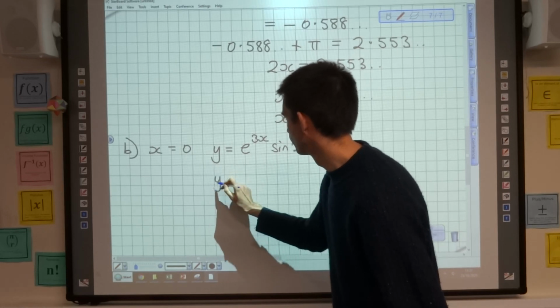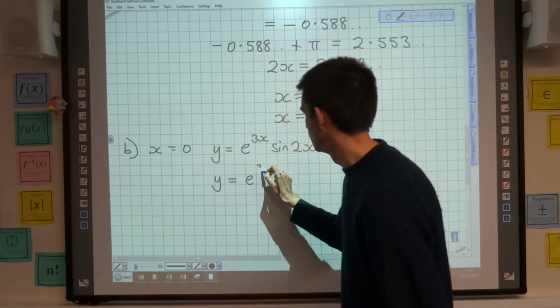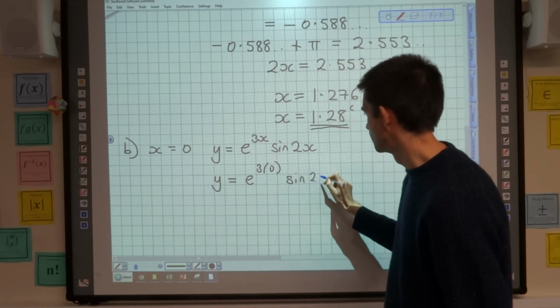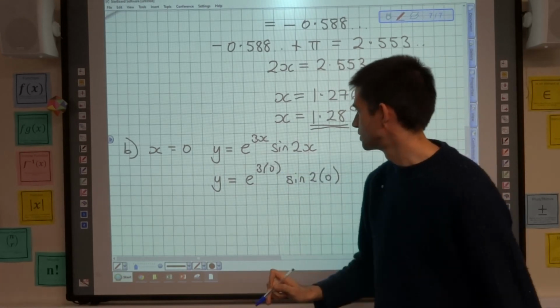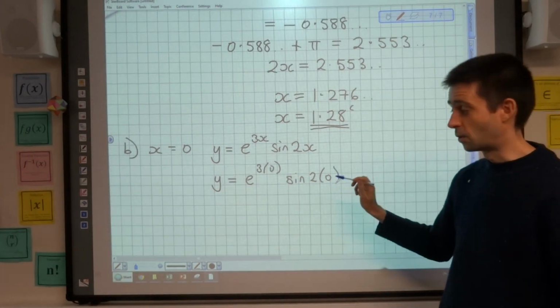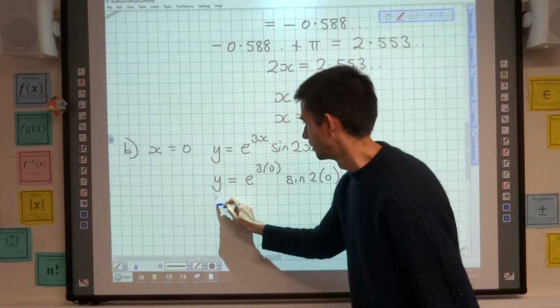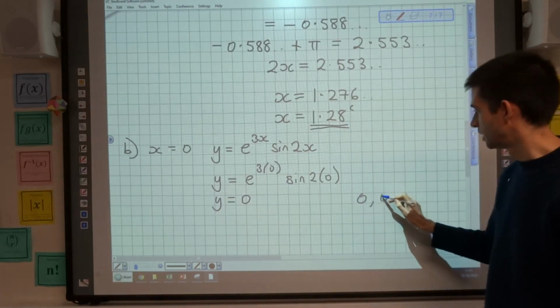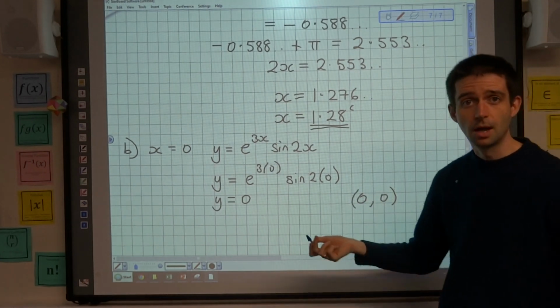So y equals e to the power of 3 lots of 0 multiplied by sine 2 lots of 0. Well, e to the power of 0 is 1, but sine of 0 is 0, so 1 times 0, my y-coordinate is 0, which means the coordinate that I'm finding the tangent for is actually the origin.